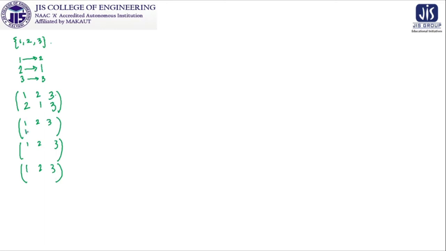So 1 goes to 1, 2 goes to 2, 3 goes to 3 is another option. 1 goes to 2 is already taken. Now I am keeping 1 goes to 2 as it was, but 2 goes to 3 and 3 goes to 1 I can change. And after that I can take 1 goes to 3, 2 goes to 2 and 3 goes to 3, 3 goes to 1 I can take, as well as I can take 1, 2, 3 as 1 goes to 3 and 2 goes to 1 and 3 goes to 2 also.